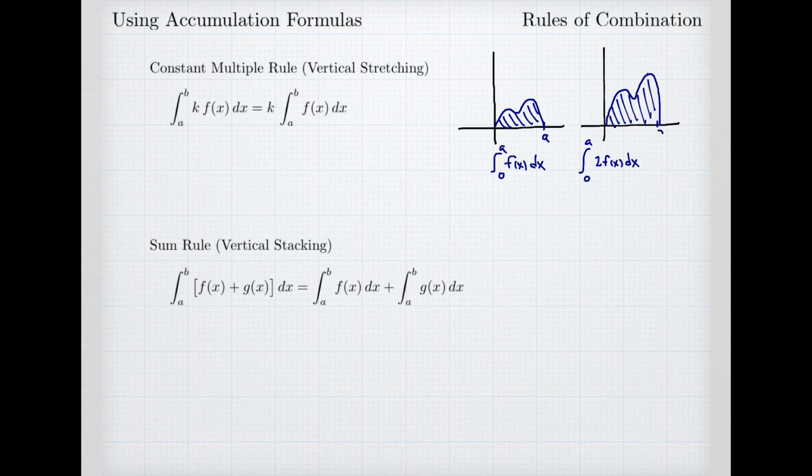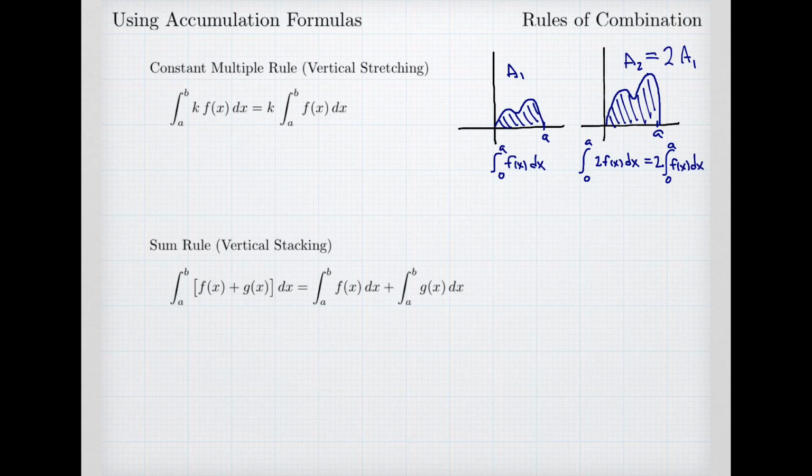Because my horizontal direction is the same, but my vertical direction has been stretched by a factor of 2, the area on the left, let's call that area 1, and the area on the right is double the area on the left. And so the integral of twice f of x will be twice the integral that we started with, which is just the integral of f of x.